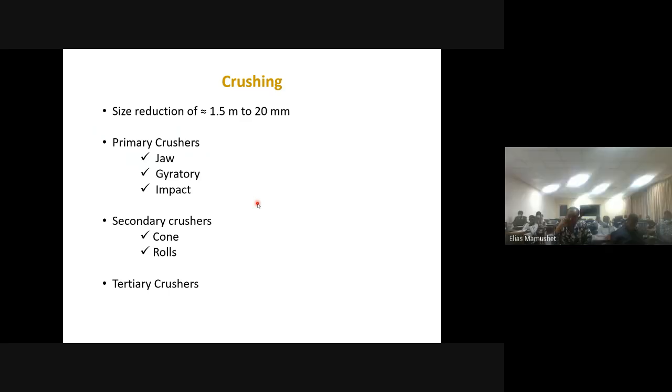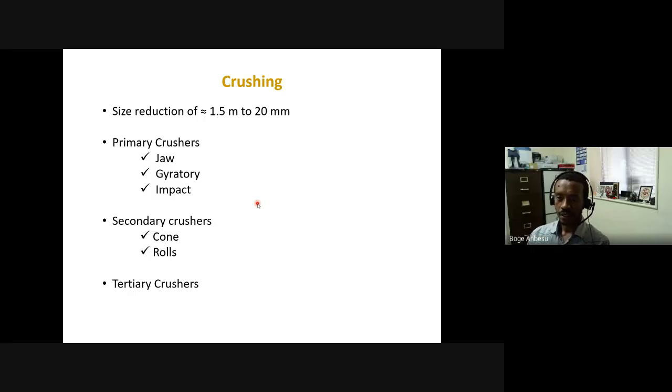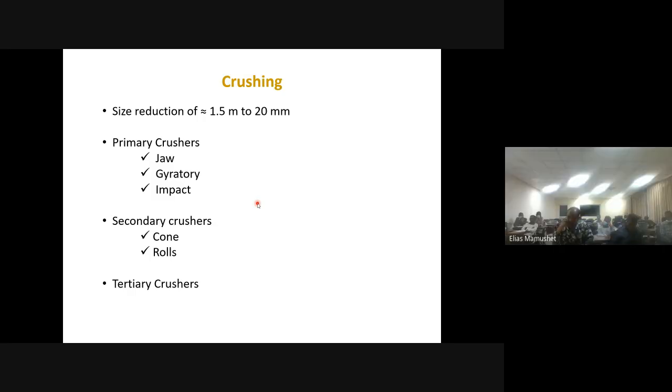Some groups classify the crushers according to the size of the product. They classify them in 5 groups: primary, secondary, tertiary, fine crusher, and special crusher, according to the size they produce.